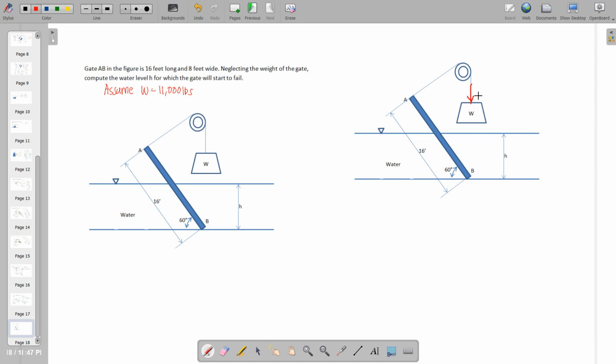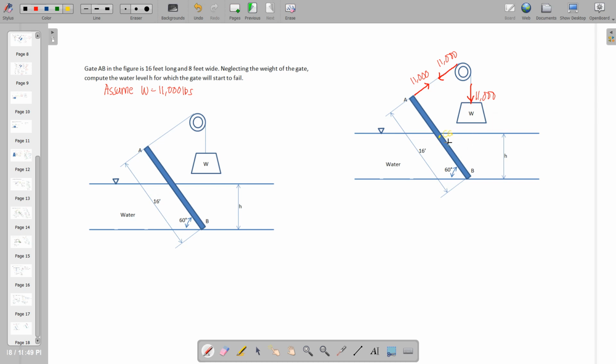We have here 11,000, and of course that force on the pulley will not change, it will remain to be 11,000. And then as a reaction force on this tensile, that would also be equal to 11,000. So we just continue to label our free body.